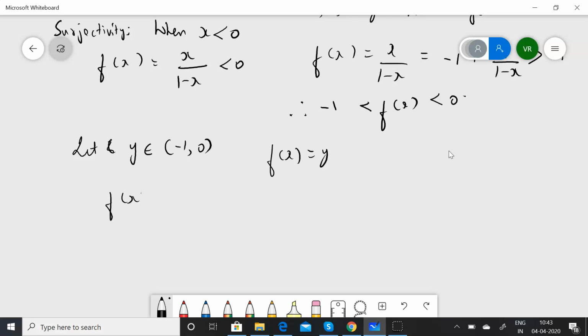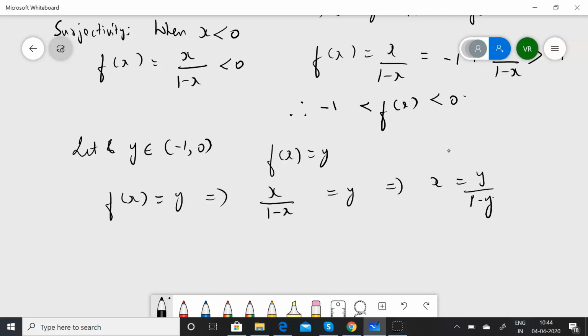So f of x is equal to y implies x by 1 minus x is equal to y, or this implies x is equal to y by 1 plus y. Sorry, x is equal to y by 1 minus y.